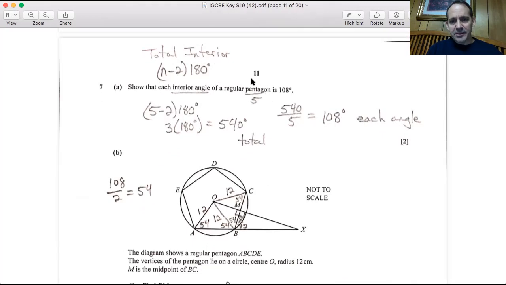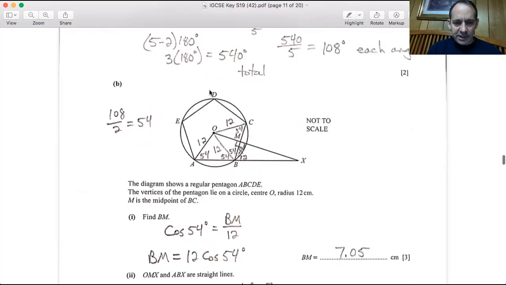So since this is a pentagon, it has 5 sides. So 5 minus 2 times 180 gives you 3 times 180. There's a total of 540 degrees inside the pentagon. Since it's regular, meaning each corner is the same, divide by 5, there's 108 degrees for each angle. Okay, so it says show that each interior angle is 108, which we did.